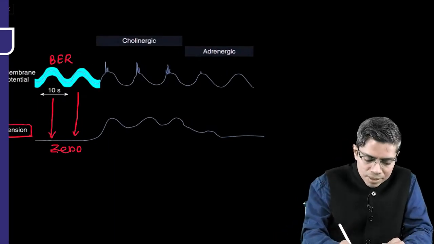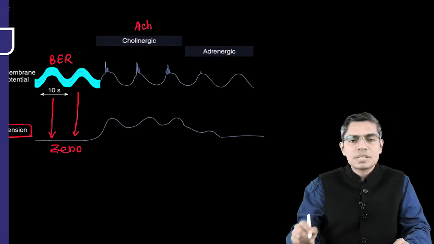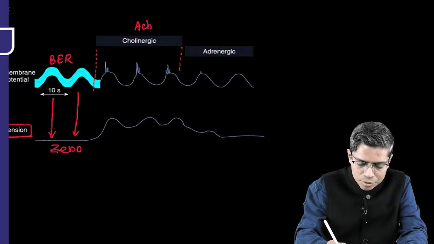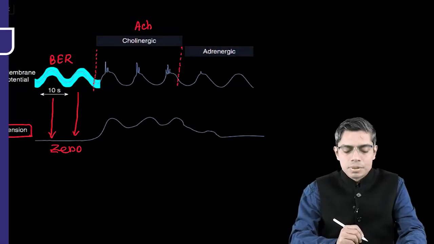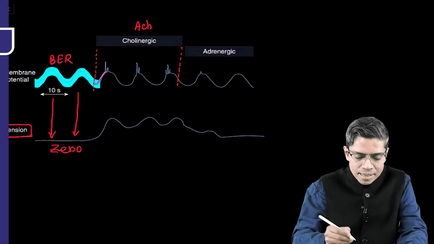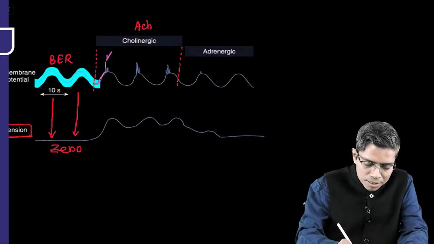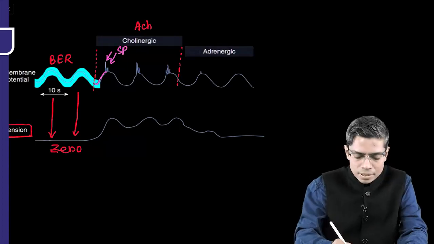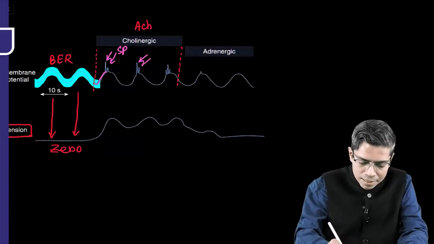But whenever you are giving cholinergic stimulation, acetylcholine, from this window up to this window, you are finding out the BER is crossing the threshold, and at the top of this BER you are finding spike potentials. These are also spike potentials.